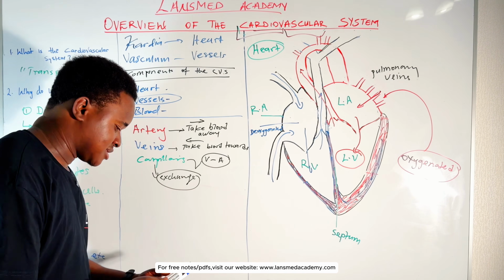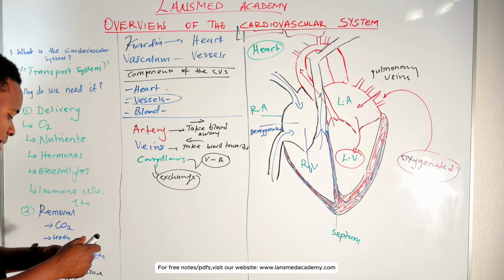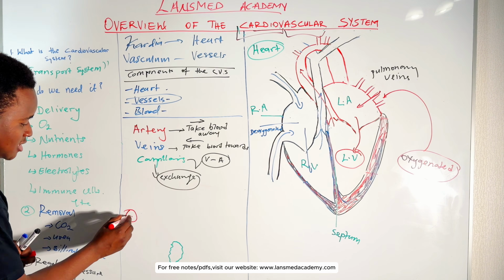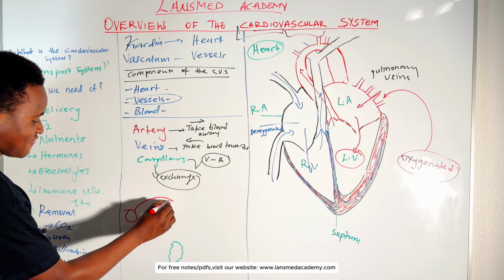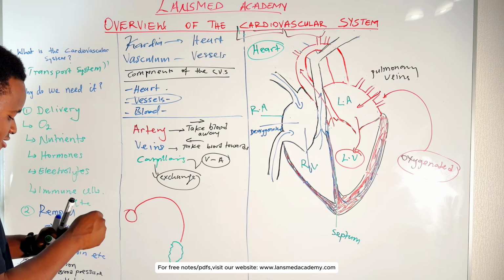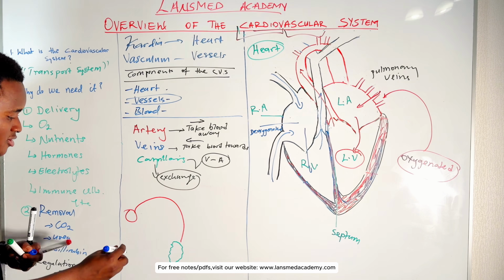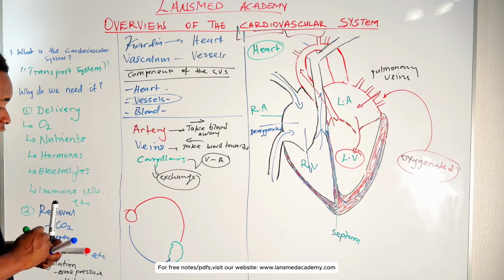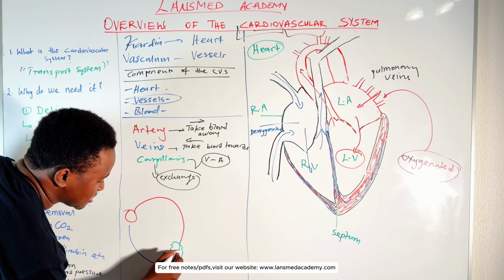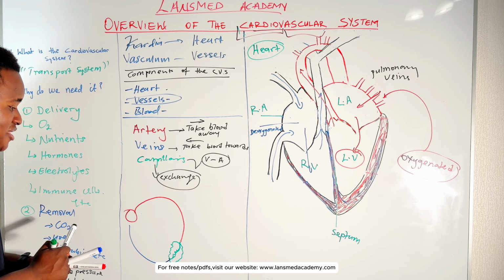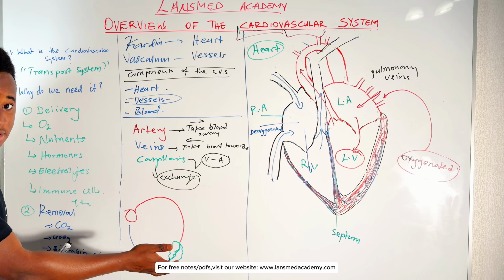So let me draw this scheme so you can understand what capillaries, arteries, and veins are. Arteries are taking blood away from your heart, and veins are taking blood towards your heart. Capillaries are ensuring that exchange takes place, because in your arteries you are delivering so many things to the organs.